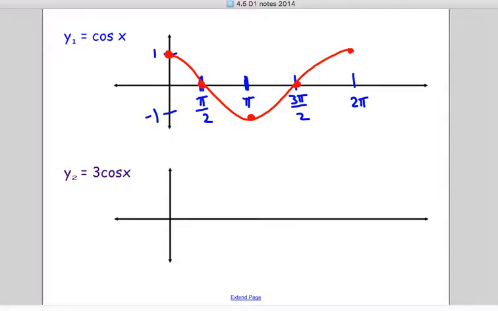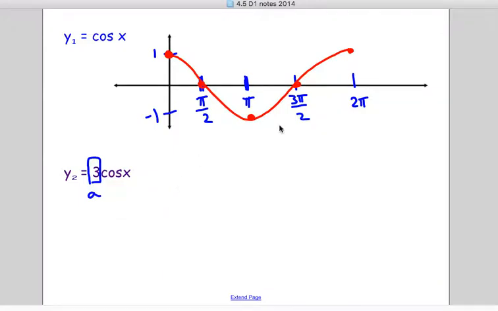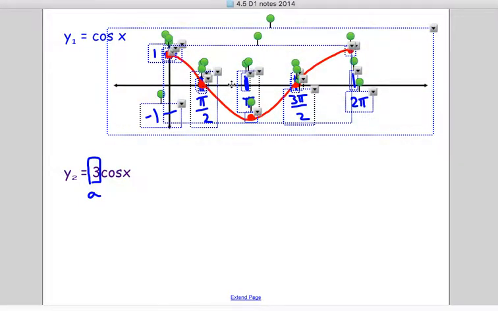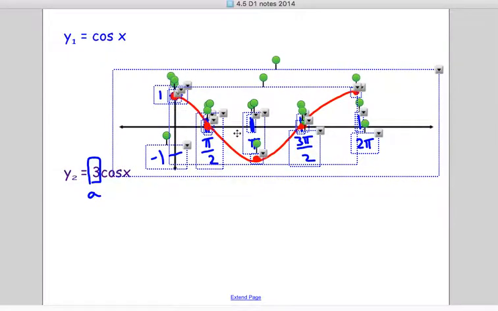Now what we're going to do is we're going to change it by this amplitude of 3. So what that's going to do, actually I think I'll graph it on the exact same graph here. Just give me a second. I'm going to fix this. I'm going to get rid of that graph. And I'm going to shift this whole graph down a little bit.